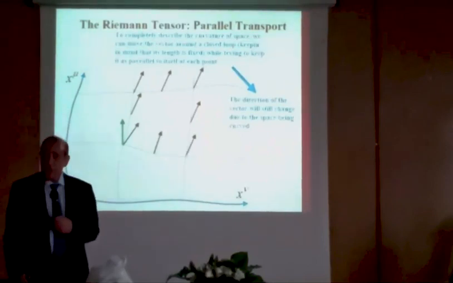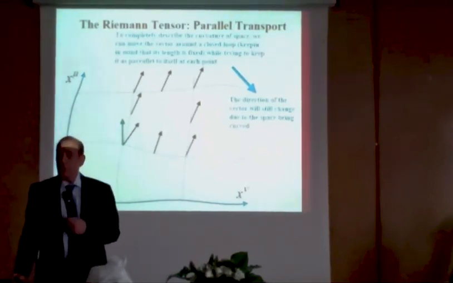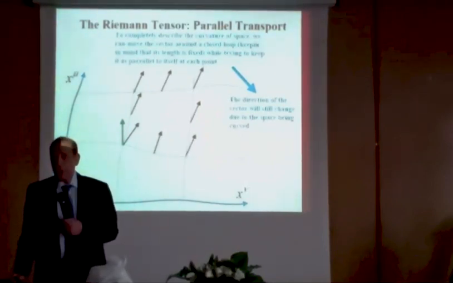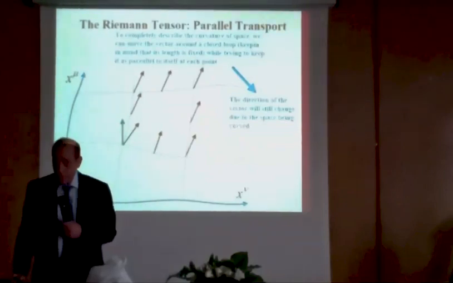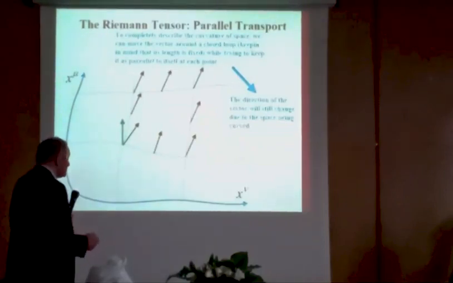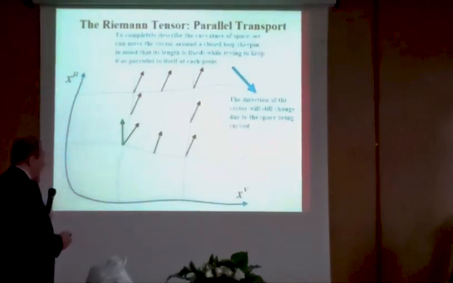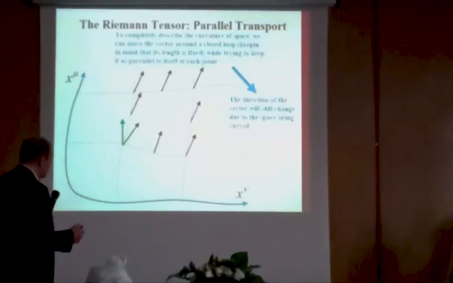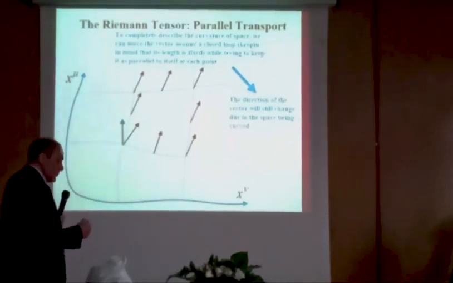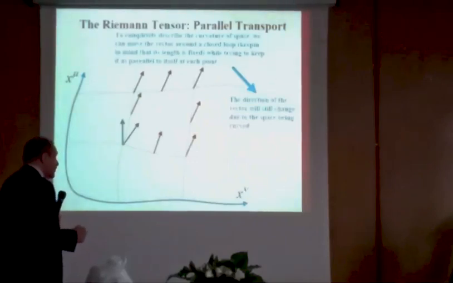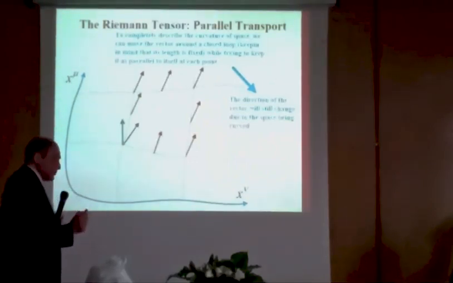So there is a change in direction when I move a vector in a curved space-time. As you can see, if I have more curvature, I will have a bigger difference. Small curvature, little difference. No curvature, it will return the same.